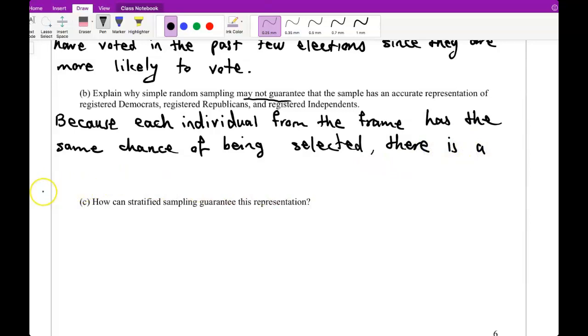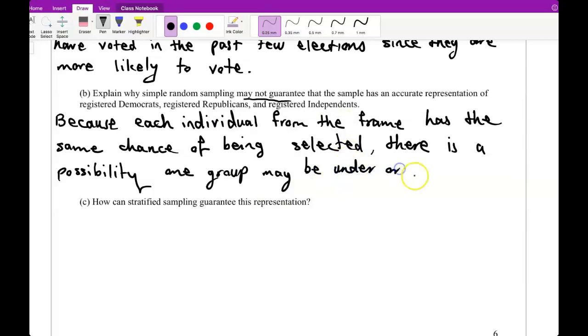And there's a possibility that one group may be under or over represented, because here we have three groups: Democrat, Republican, and Independent.